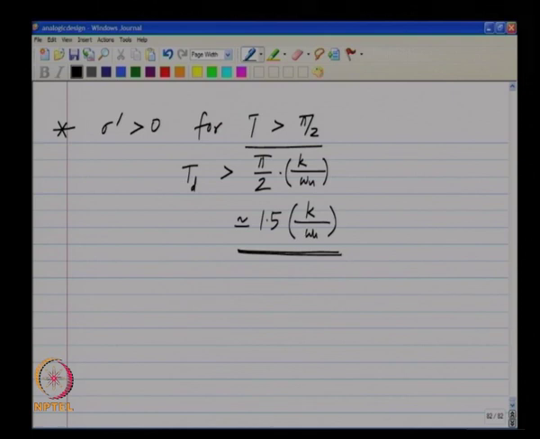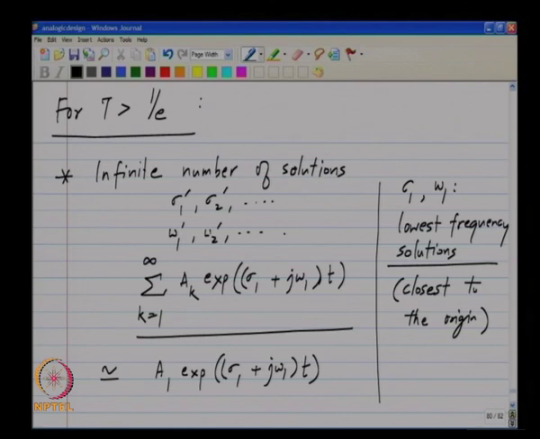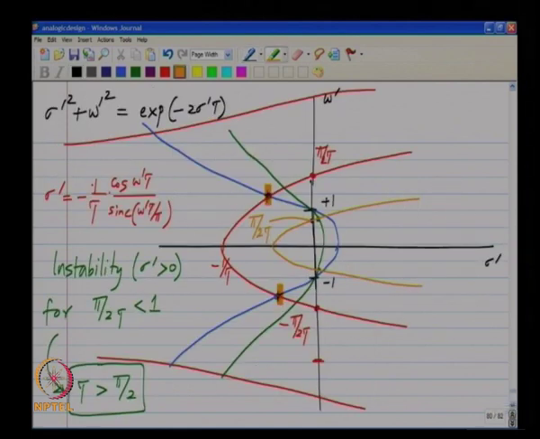What it means is solutions of the form exponential sigma 1 plus j omega 1 t, accompanying this you will always have exponential sigma 1 minus j omega 1 t, because you see that you will always have a symmetrical pair.